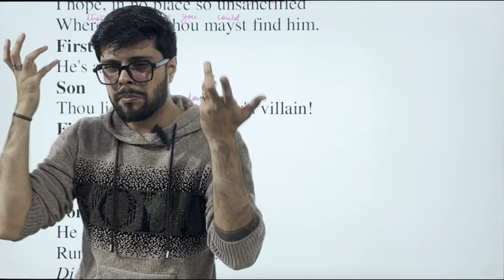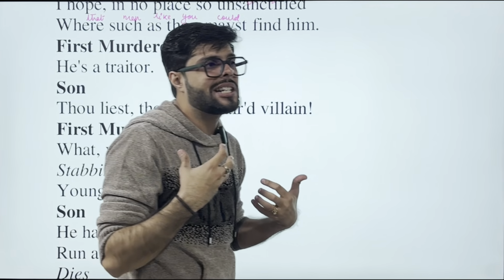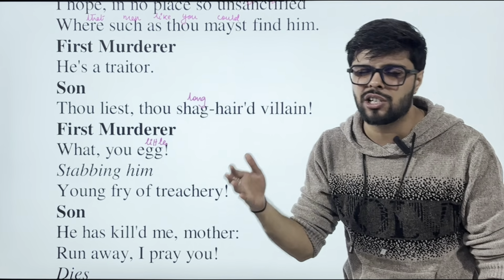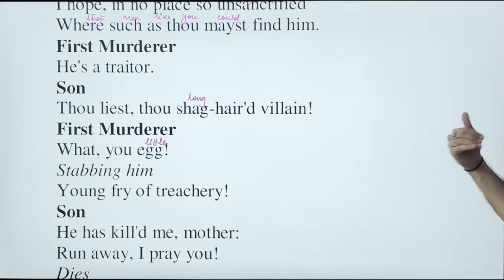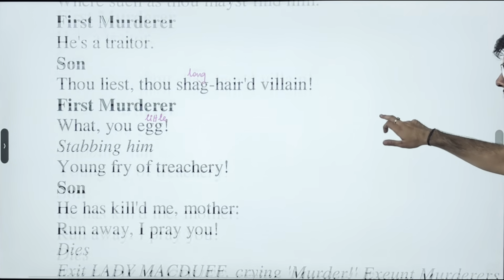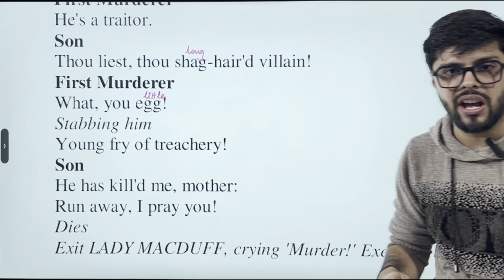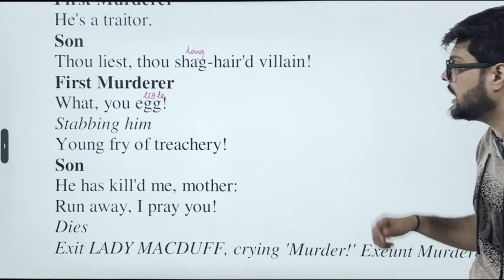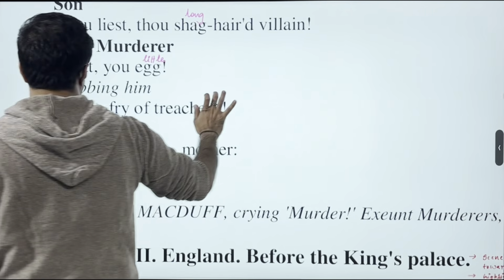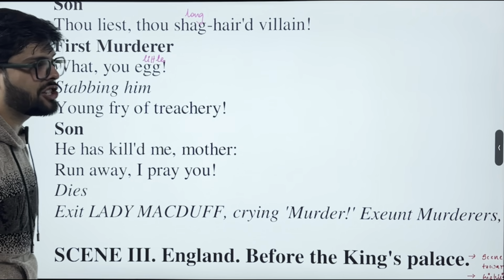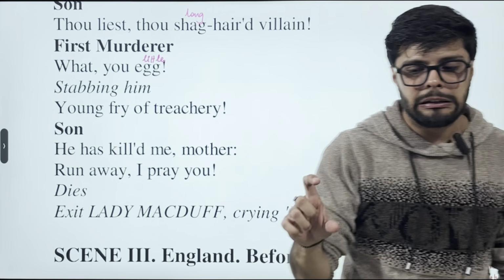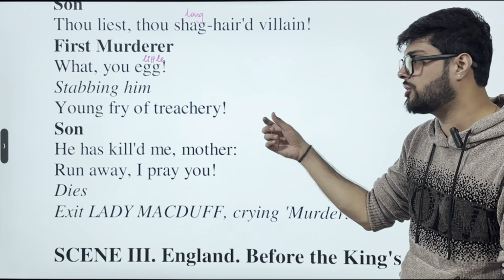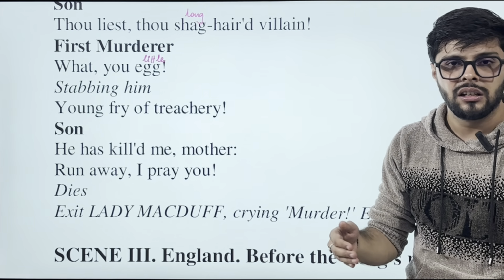Basically, maybe murderers would be having long hair, so Macduff's son is calling them out as shag-haired, long-haired villain. Okay, you ugly-looking villain. And then the murderer is like, what, you egg, you young fry of treachery, you little son of a traitor, what you're speaking, and just stabs him.